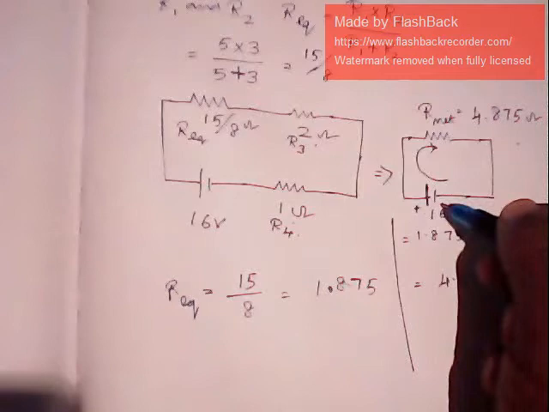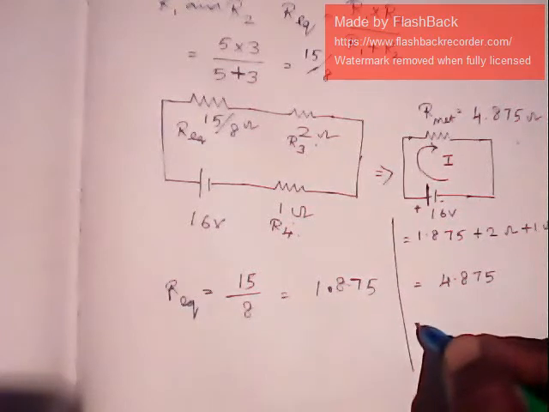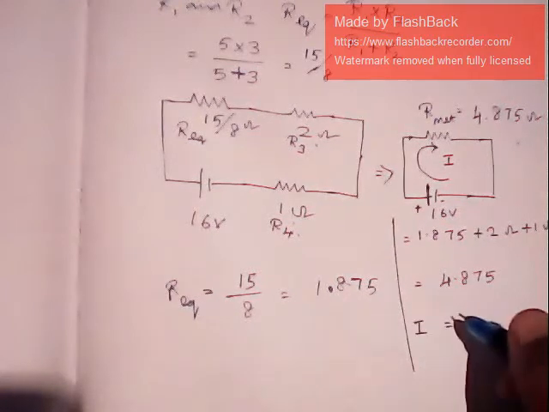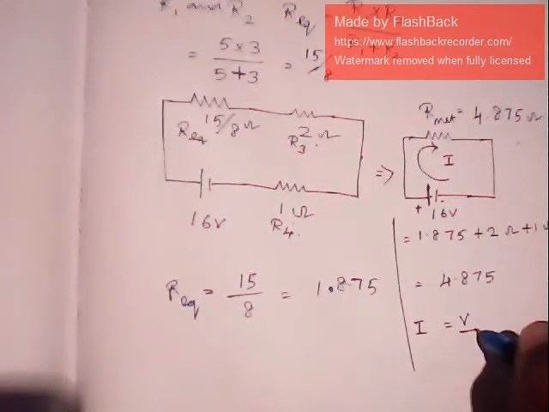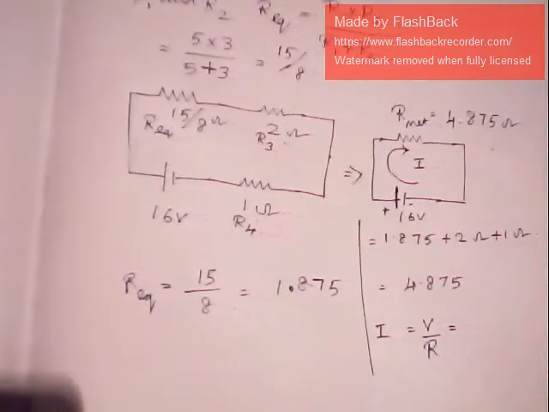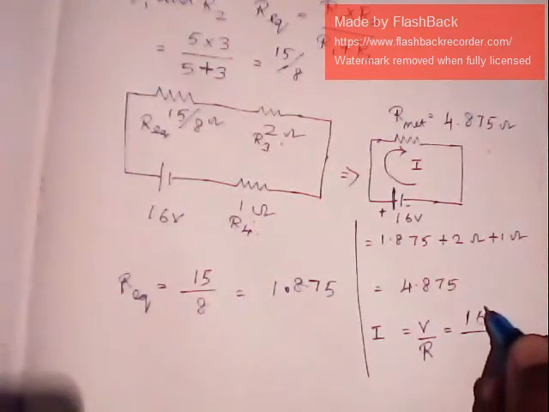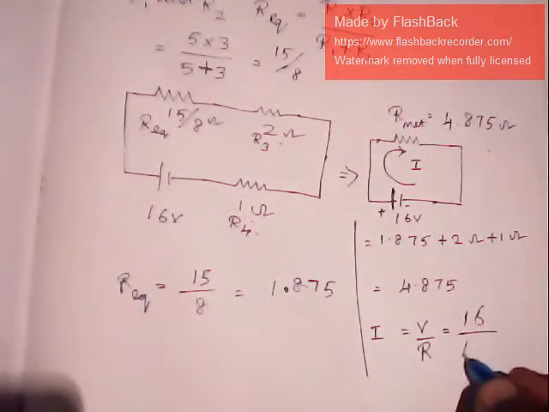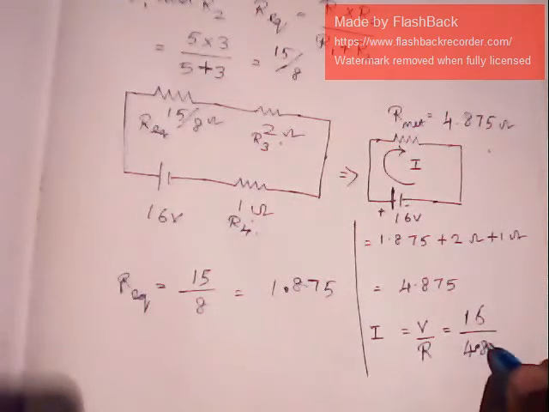To find the current I supplied by this battery, you know that I is equal to V by R. Here the voltage is 16 and the net resistance is 4.875.